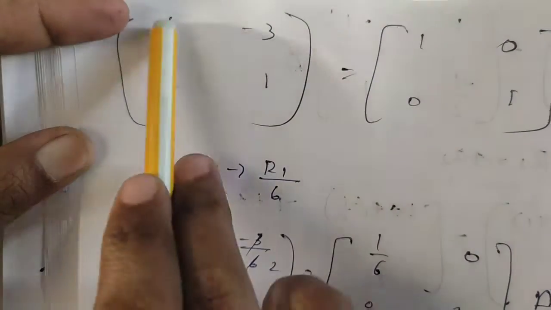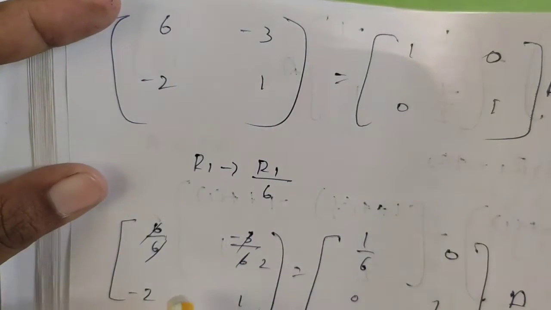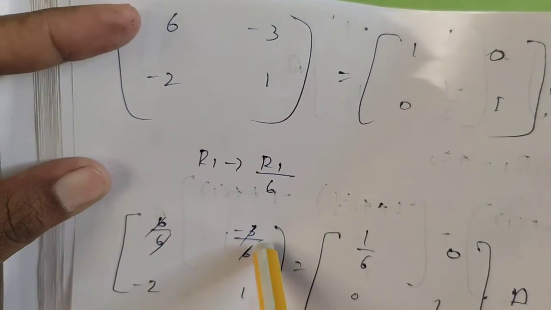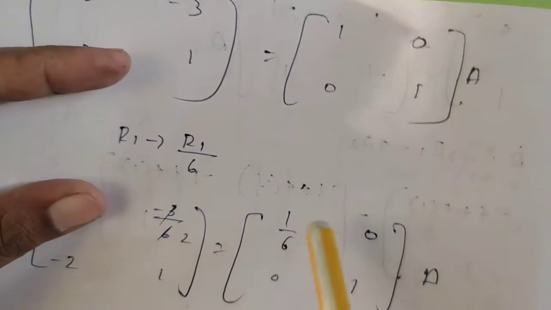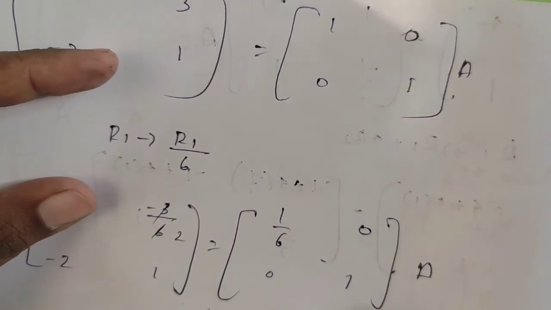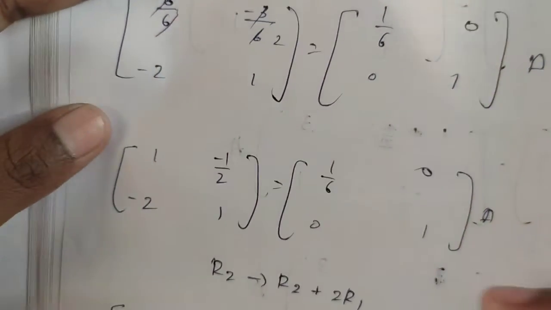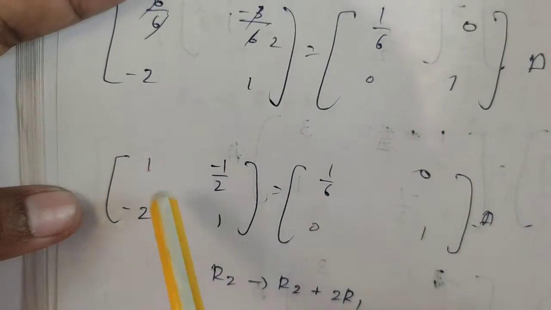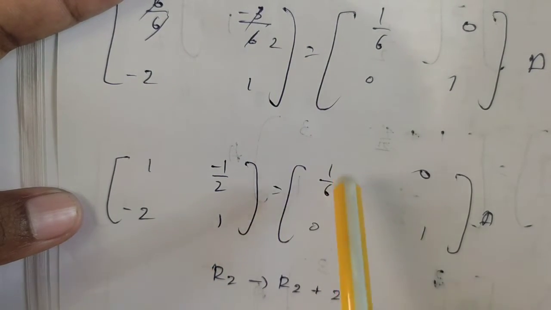So R1 by 6: 6 by 6 is 1, minus 3 by 6, R2 is kept as it is. The RHS is also repeated, 1 by 6, 0, and R2 is kept as it is, 0, 1 into A. So we got 1, minus 1 by 2, minus 2, 1 equal to 1 by 6, 0, 0, 1.